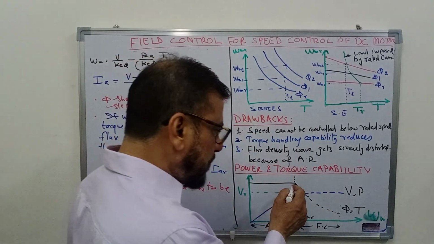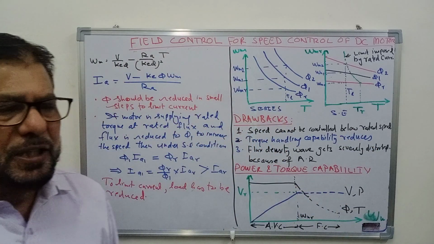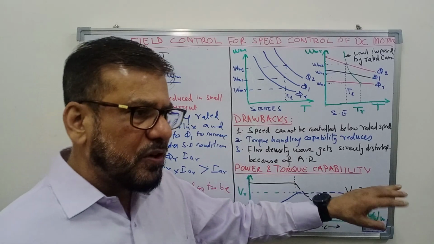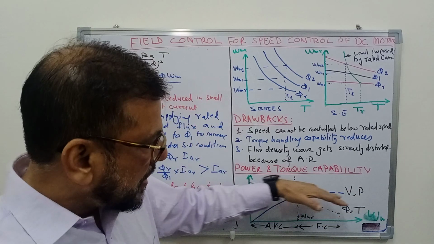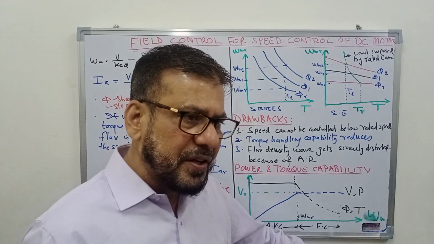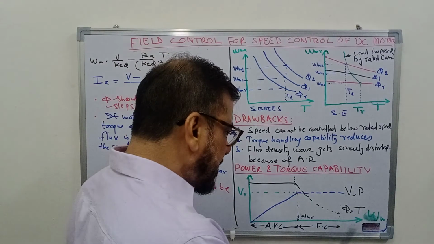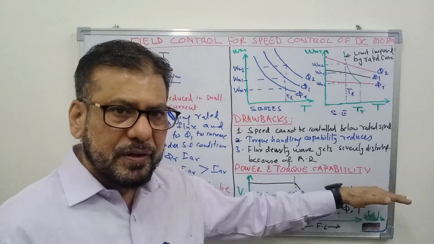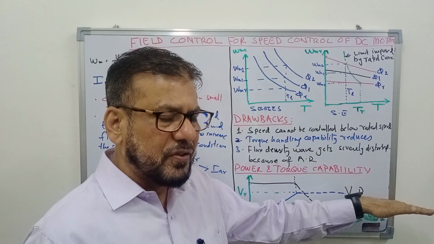The torque produced by the motor will decrease, while the power produced by the motor will remain constant, because power is equal to V into Ia. So power remains constant, while the torque produced by the motor will go on decreasing at rated current. This means that the field control drive you may call a constant power drive. The torque reduces, but the power remains constant.